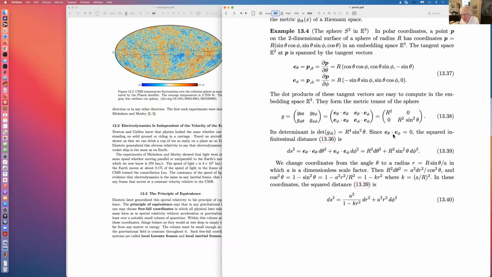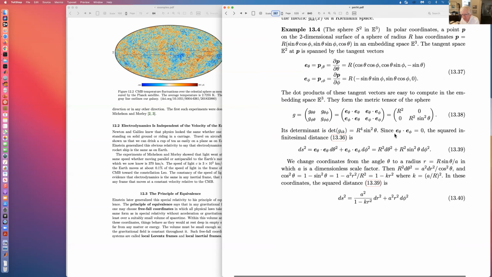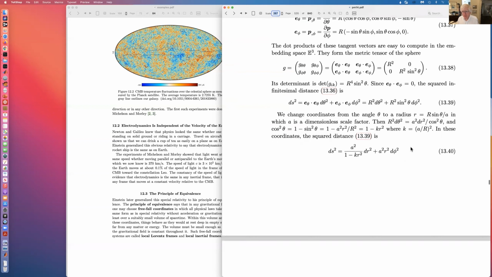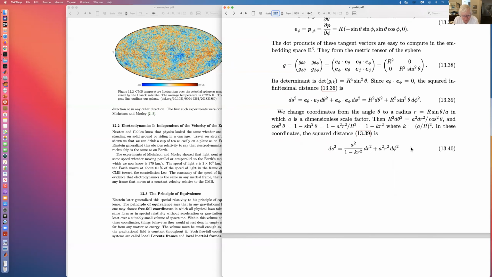And since the 2 basis vectors are orthogonal, the squared infinitesimal distance is just this. So if you change theta and phi by a little bit, the distance between the 2 points on the surface of the sphere is given by this sum here. Now, here's something that's a bit surprising.